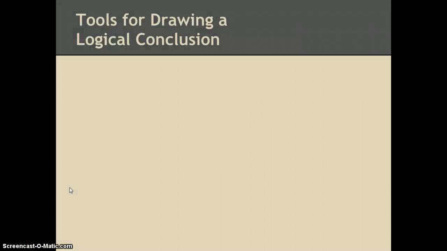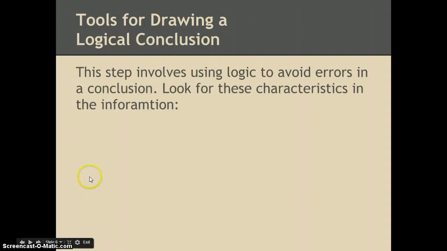And next we'll look at the tools that we would use to draw a logical conclusion. This step's going to involve using, again, logic. This helps us avoid errors in our conclusion. So you're going to look for these characteristics in the information. You want to know if the information is valid, is it credible? Can you basically prove that?